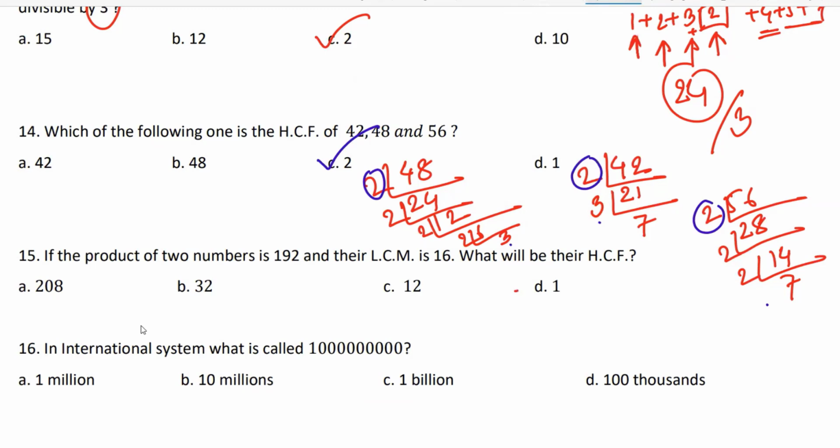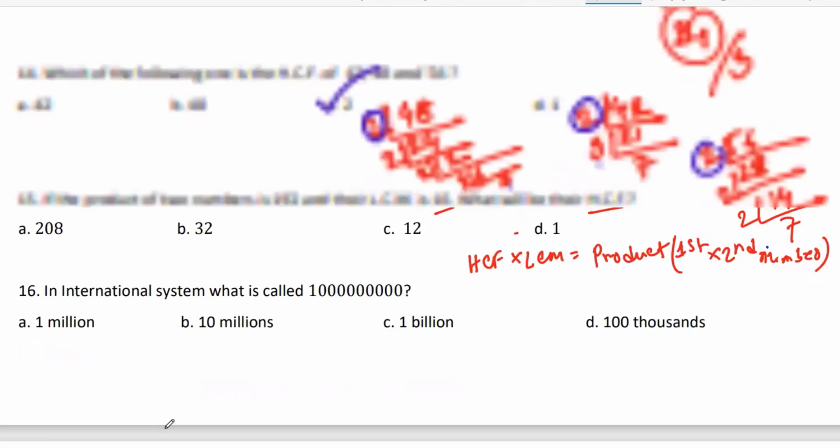Now, number 15. If the product of two numbers is 192 and their LCM is 16, what is their HCF? In the previous math, we showed that HCF multiplied by LCM is the product of the two numbers, that is, the product of the first and second number. Now put in the values.